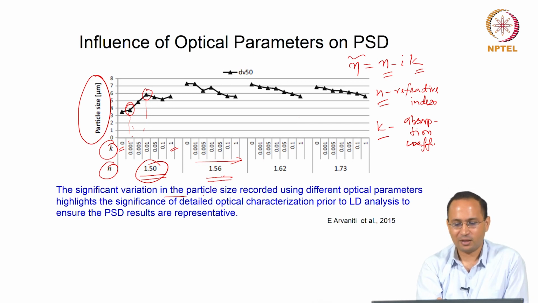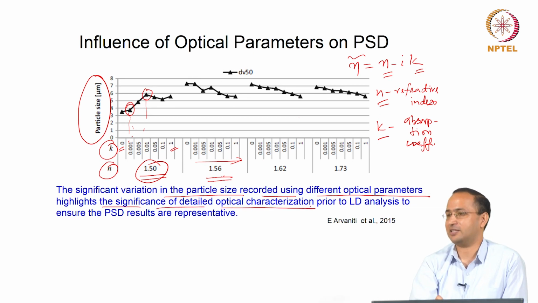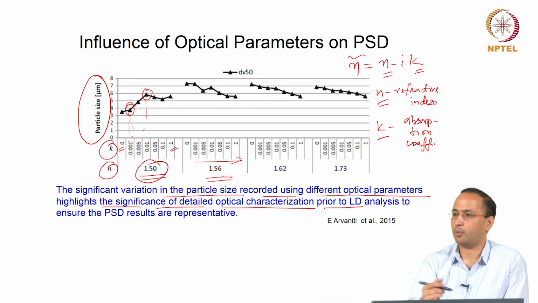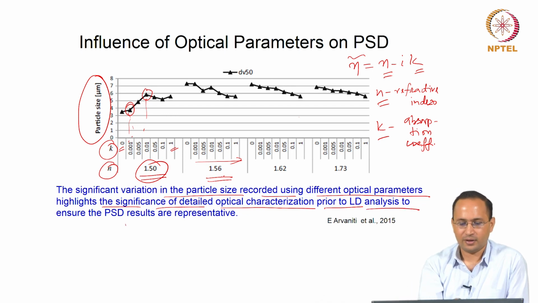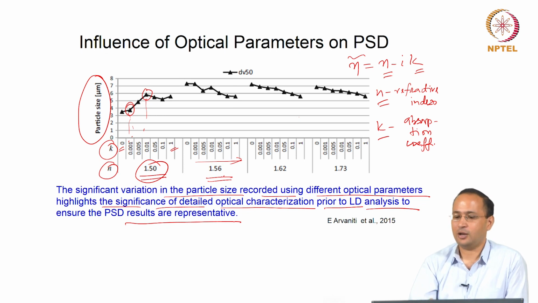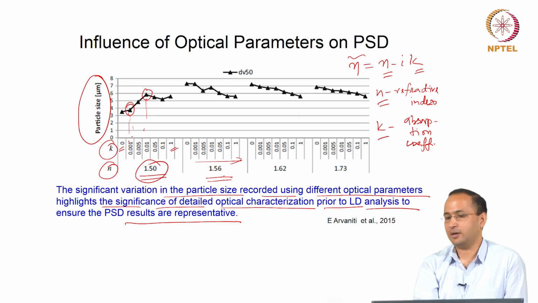The significant variation in the particle size recorded using different optical parameters highlights the significance of detailed optical characterization prior to LD. So it is good to know these optical properties before you do laser diffraction. Suppose you are working with a material and you do not know any optical properties, then your results will not be accurate. You will get the results, but they won't be very accurate. If you want to ensure the results are representative, then knowing these properties helps, because these will affect your particle size distribution.